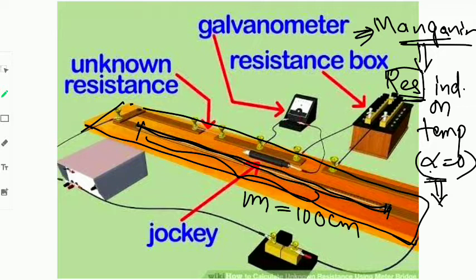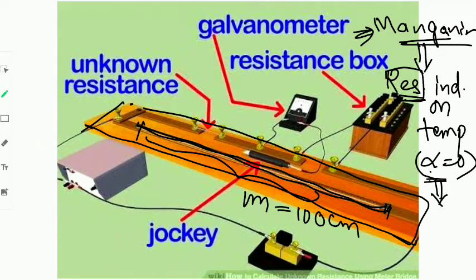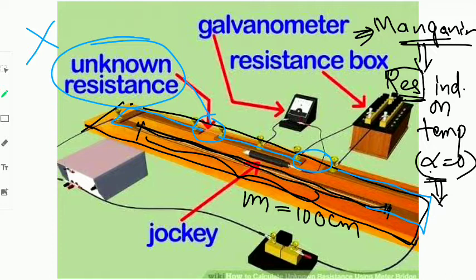Now see the diagram. These are copper strips, connected with one gap, the left gap, and one more, the right gap. The left gap is connected with the unknown resistance X. We have to calculate the unknown resistance by using this meter bridge.